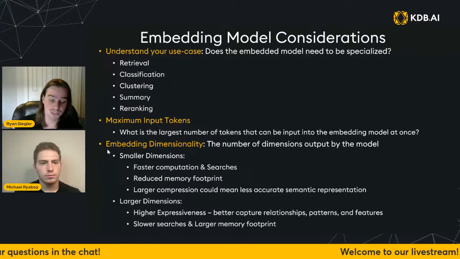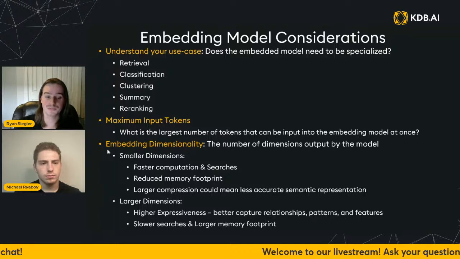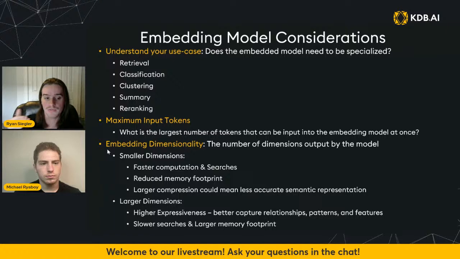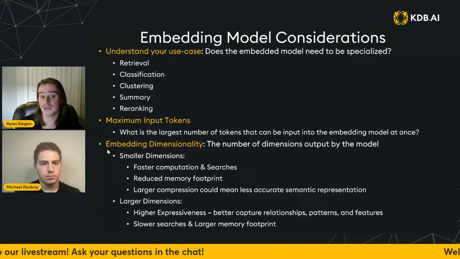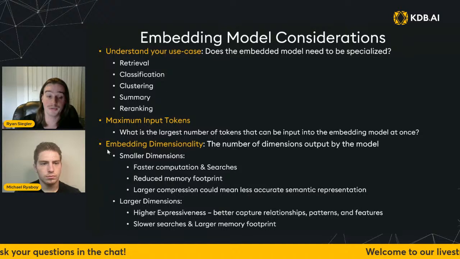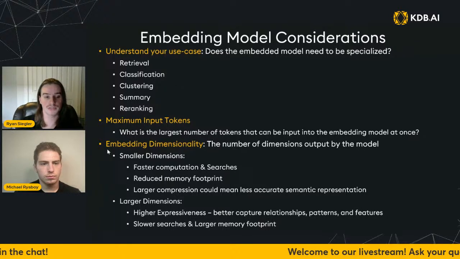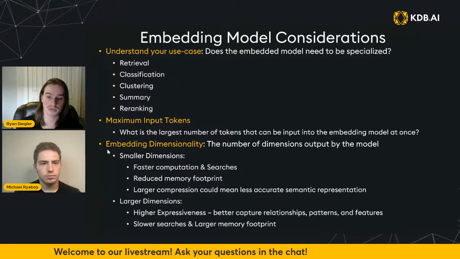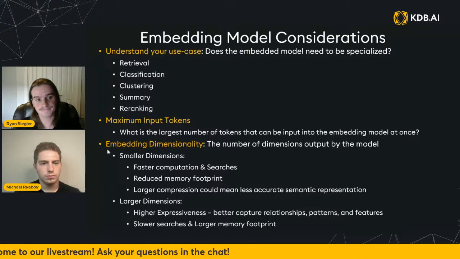However, because they're larger, they're going to have a larger memory footprint and slower searches. So it's just a trade-off. What is important for you in your application? Do you have a memory constraint where smaller dimensions are going to be more important, like if you're running something on an edge device? Or if you want the best possible representation of your original data, then larger dimensions probably are the way to go.